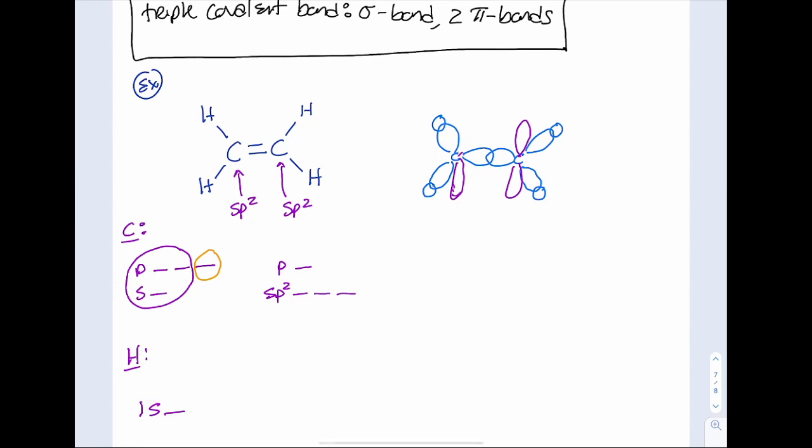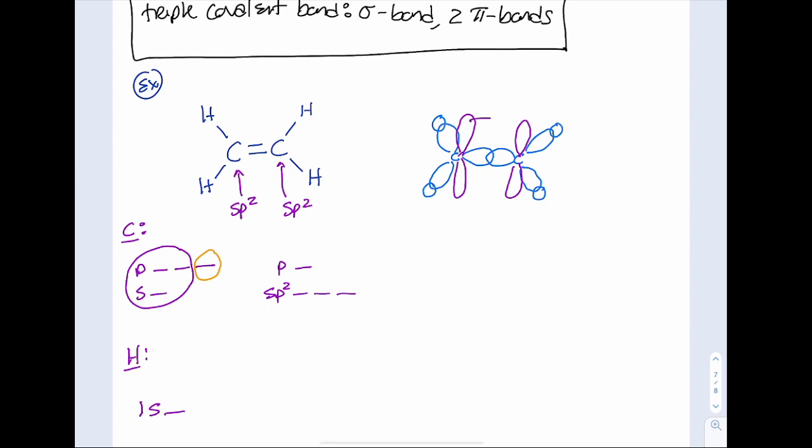I'm not going to really worry about showing that much detail, but they would be perpendicular to that plane. So my p orbitals. And I'm just going to try to make it a little bit neater. The nucleus is in the same spot, and it looks like I'm overlapping that sp2, but again, I'm not, because it's 90 degrees, right? It's perpendicular to it.